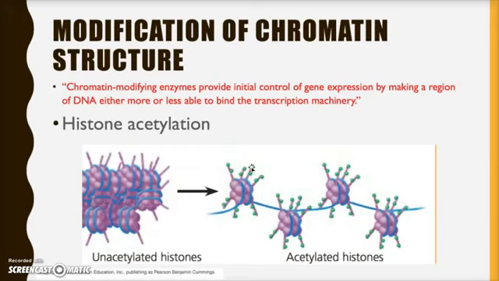So when the acetyl groups bind with the histone tails, the chromatin structure becomes less condensed, so the components of the transcription machinery can more easily access the DNA molecule so that transcription can be initiated.